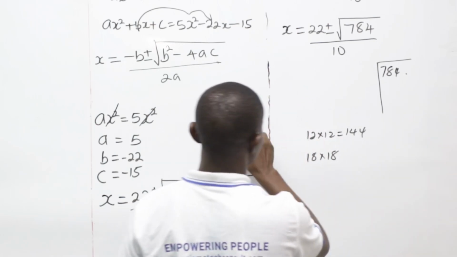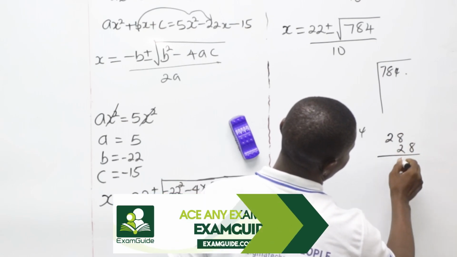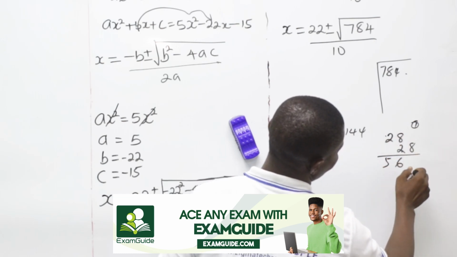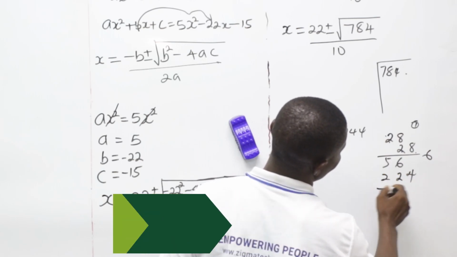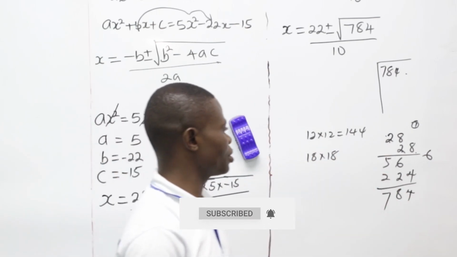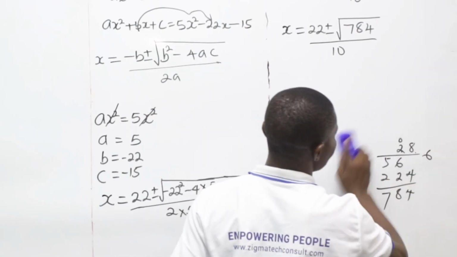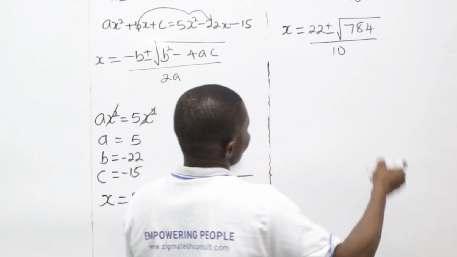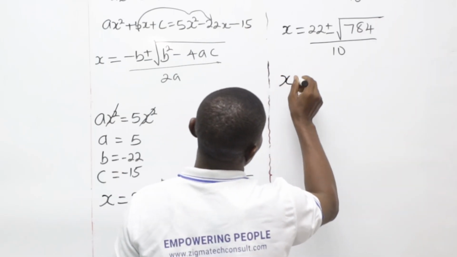That's 28. This is 16, carry 1, 4, 5, 64, carry 6, this is 16 plus 22, 4, 8, 7, that is 784. You can see that the square root of 784 is what? 28. Don't worry, there is a video. You will be taught how to solve a square root without punching your calculator.